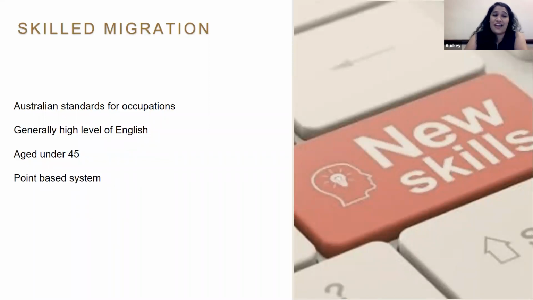I usually get my clients to be at least at a proficient level of band 7 or PTE 65. You need to be under the age of 45, so those of you who are almost hitting this, please do not delay. And it's a point-based system with minimum points being 65, but whether it works for you, we will tell you.